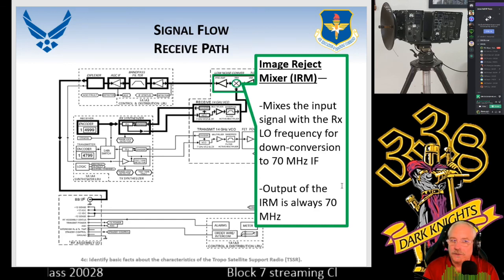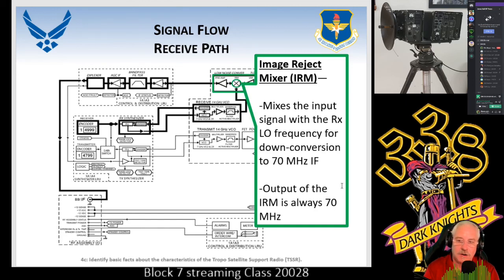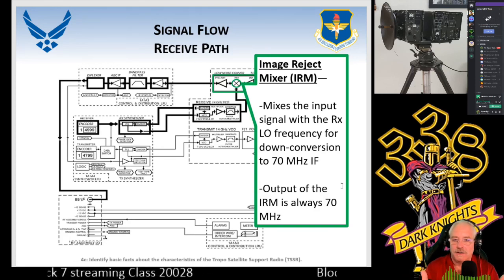The encoder is going to tell the frequency, or the VCO, voltage controlled oscillator, what to produce, and it's going to be 70 megahertz. In this case, I'm going to do above, so it's going to be 15.07 gigahertz.